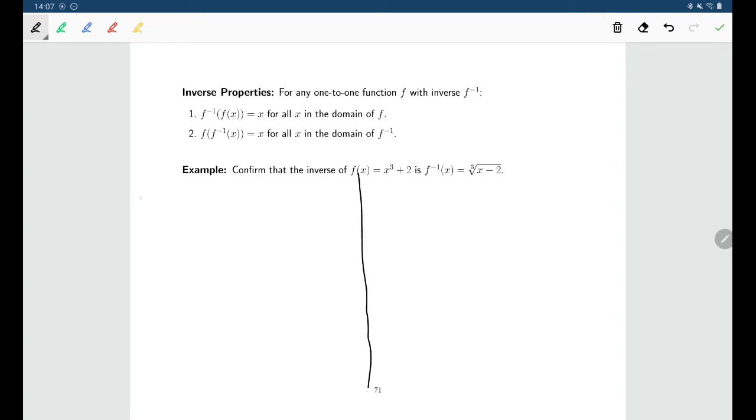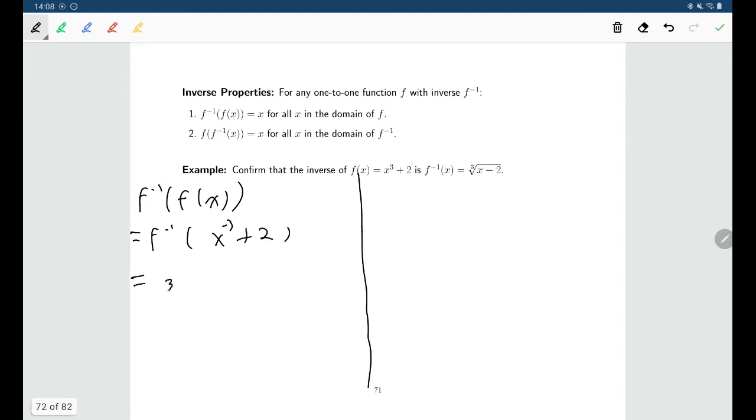Let's start off with checking f inverse composed with f of x. In other words, that's putting f of x, which is x cubed plus 2, inside of f inverse. So in f inverse, I'll be replacing that x with x cubed plus 2.